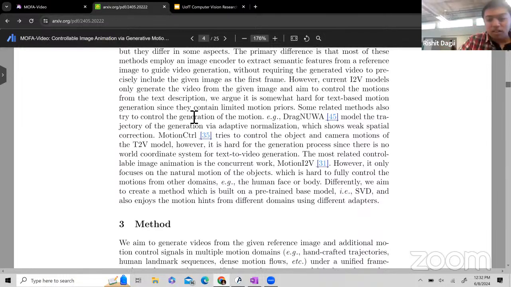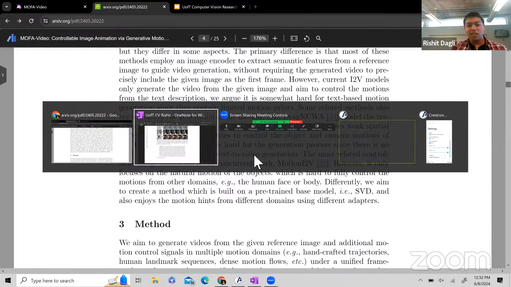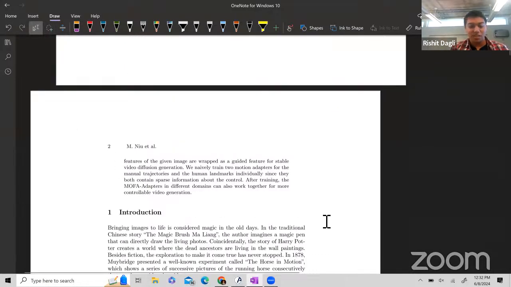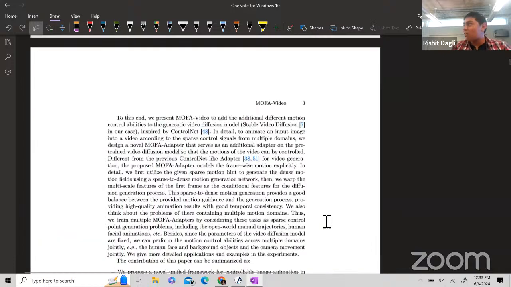From what I saw, the problem they were trying to solve is... I also don't think this is video generation, I think this is animation.